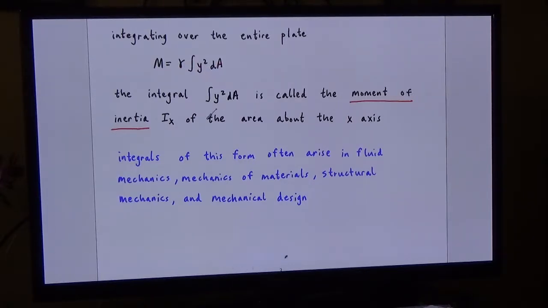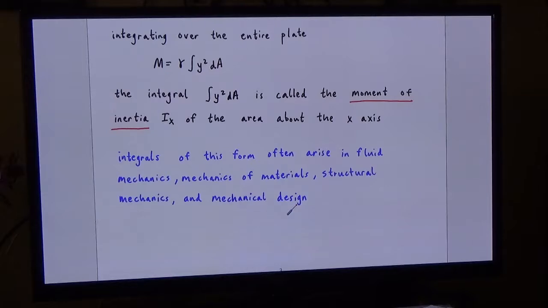So this integral that looks like y squared dA, integrals of this form often arise in different mechanics problems. We have fluid mechanics like the example we're looking at here. We have mechanics of materials that will show up when you get a mechanics of materials course like deformables. Structural mechanics, mechanical design, it shows up all over the place, so we give it a name.